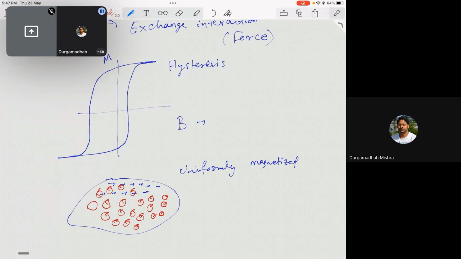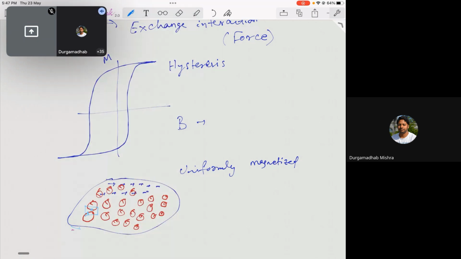But if you look a little more closely at two neighboring loops, let's look at this section here. The current is flowing in this direction, clockwise, and here it is anti-clockwise. Assuming they all have the same magnetic moment, the current will be the same, but that means they will cancel each other out. So you have currents only at the edges.